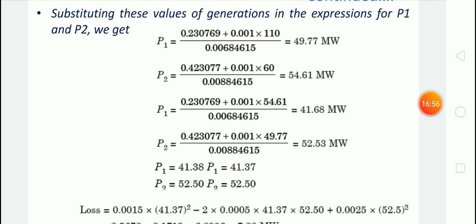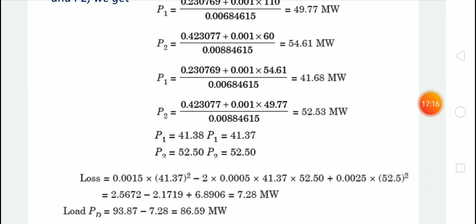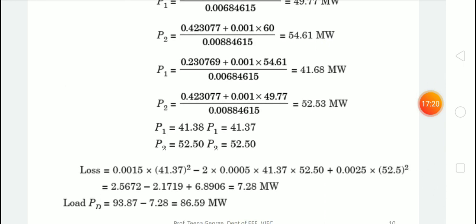From this we can see that the third and fourth iteration have only a small difference. P1 of the third and fourth iteration, there is only 0.01 difference. So we can take that value. By using this value we can fix 41.37 and 52.5.